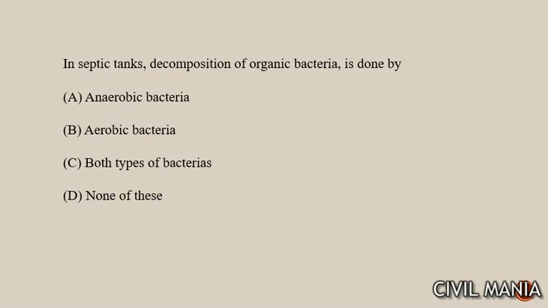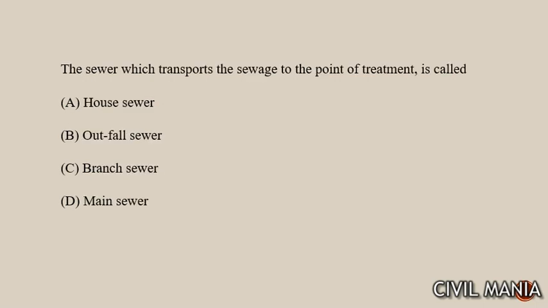Next question is, decomposition of organic matter is done by anaerobic. It is done by anaerobic. Next question is, the sewer which transports the sewage to the point of treatment is called outfall sewer.